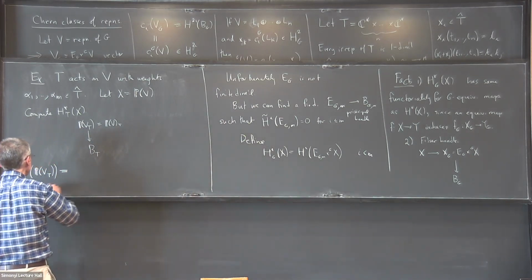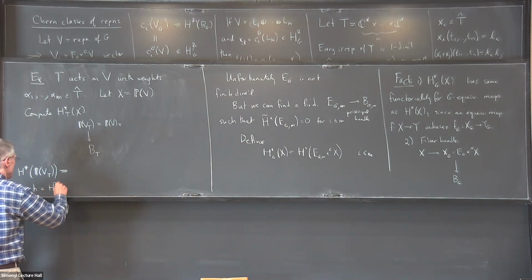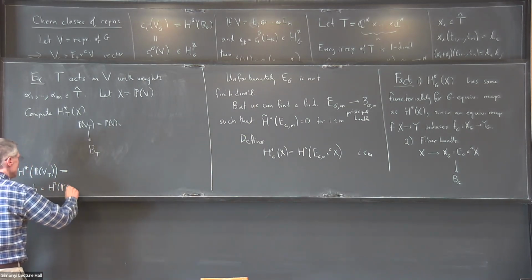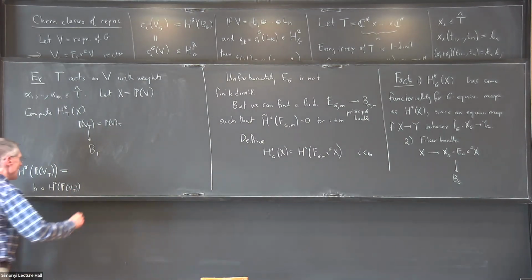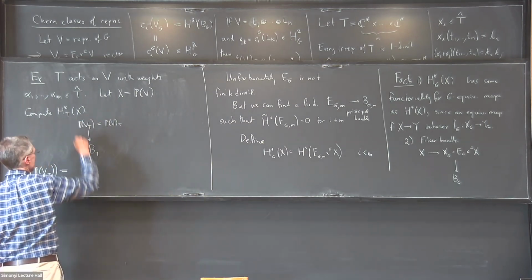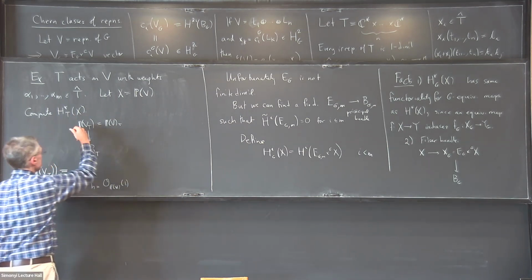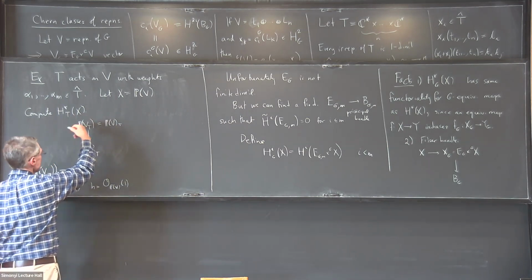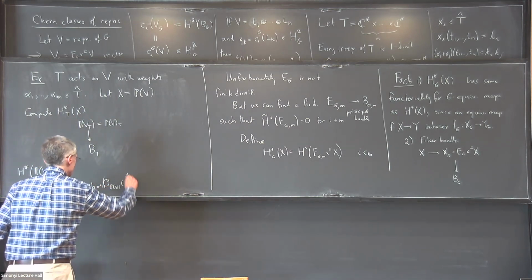There's a class H in H2 of P of V. This is called the hyperplane class, and this is the class of a certain bundle, like O of 1, O of PV of 1. So there's a bundle on this space which is like the O of 1 bundle on any regular projective space, but just put over every fiber. And H is C1 of this class.